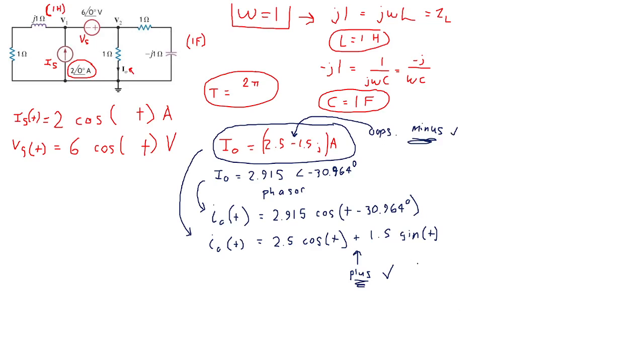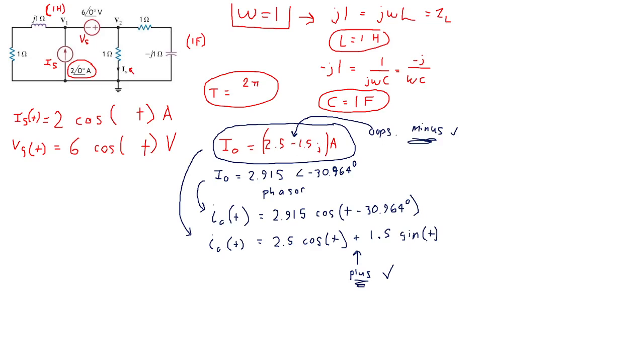Pause for a second, have Wolfram Alpha confirm for me. Am I sure about that? Okay, 2.5 minus 1.5j. There's a reason for this: 2.5 plus 1.5 J corresponds to, so minus j corresponds to cosine of t minus 90 degrees, or t minus pi over 2.